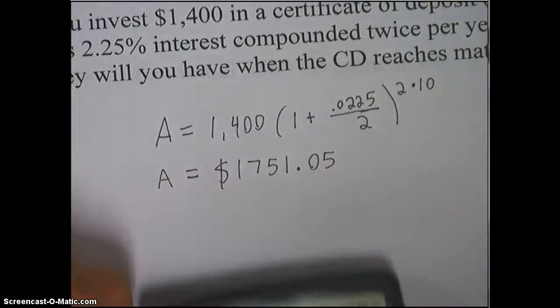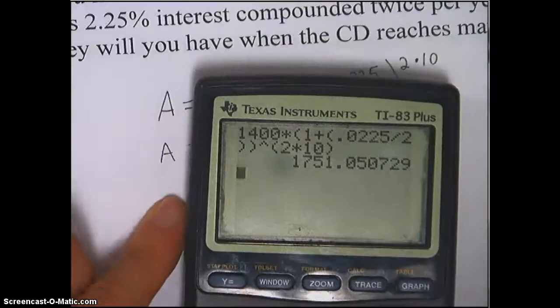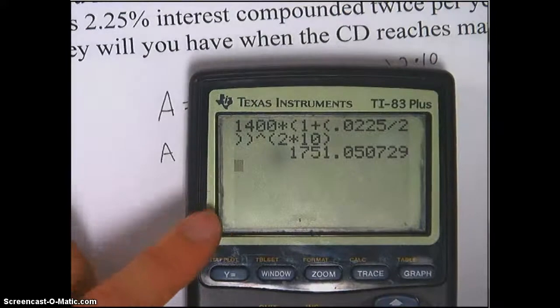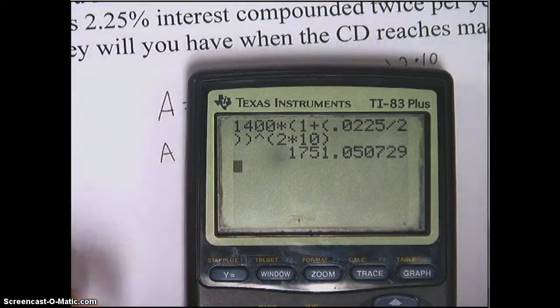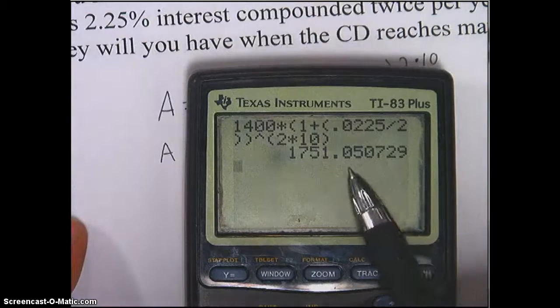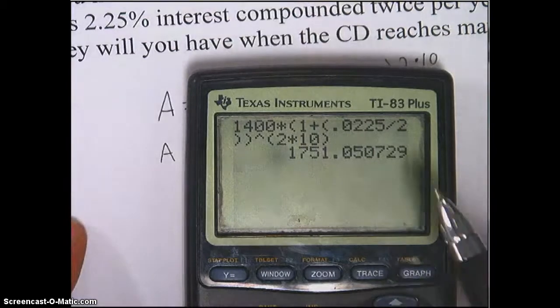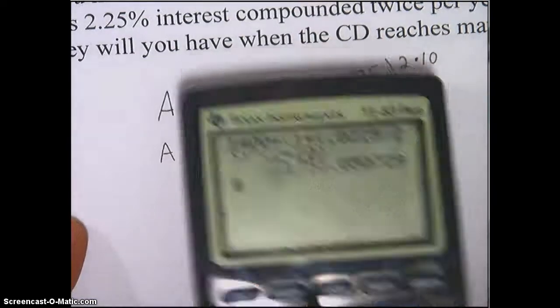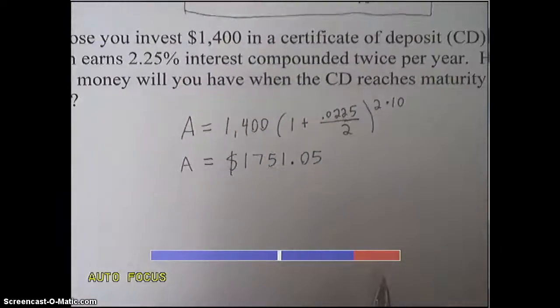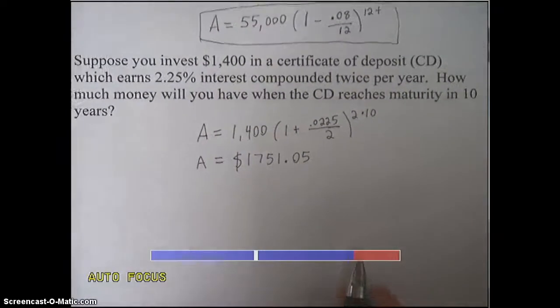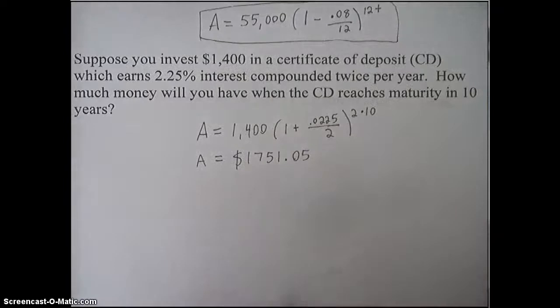You're going to want to round down to the nearest cent. That's how investments usually work. They're not going to round in your favor. So if this was 0.055 or something like that, you'd still round down to 5 cents. The bank rounds in its favor. So after the 10 years of maturity, that $1,400 would turn into $1,751.